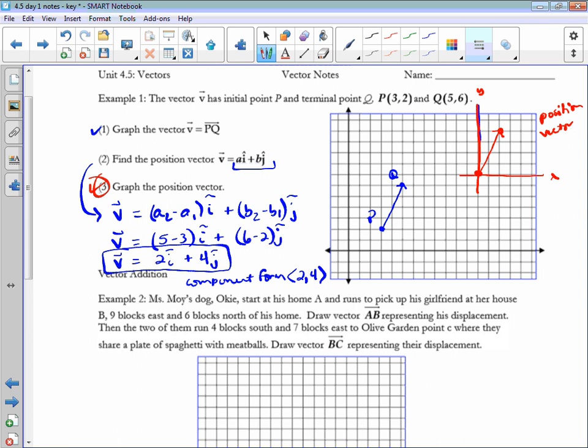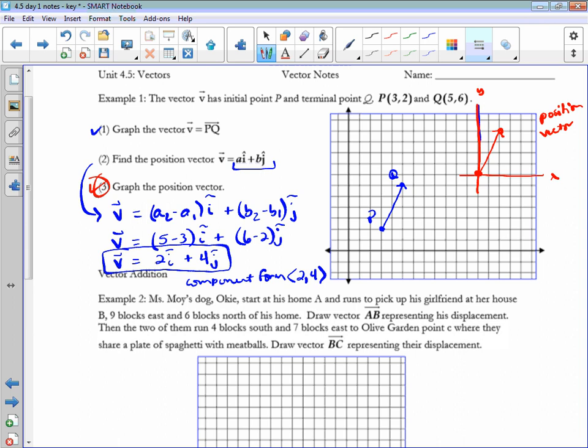They kind of run into where I put the P, so that's why I didn't. Okay. Questions so far? You just know that that's the position vector, so you've changed it now to start from the origin.